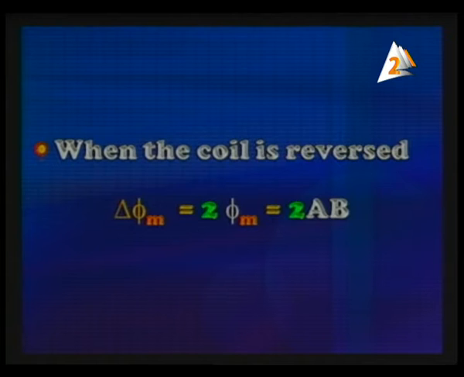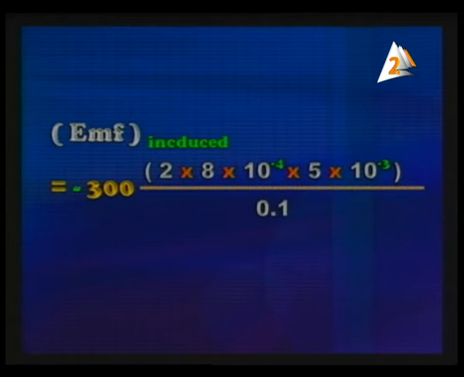In the second case, what about the EMF when the coil is reversed? When the coil is reversed, the change in the magnetic flux, delta phi magnetic, is equal to 2 times A times B. We'll use the same rule, Faraday's law.